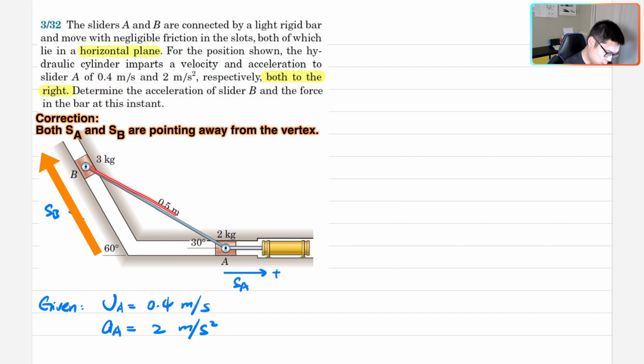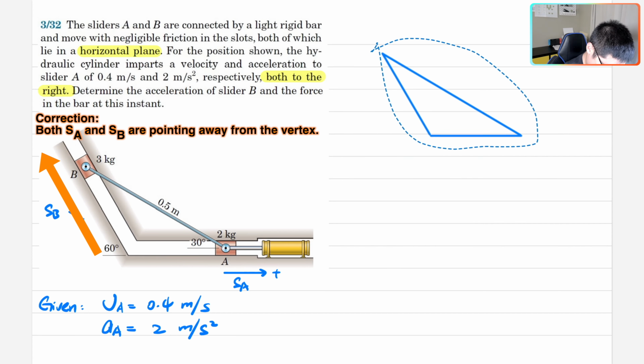We have a rigid bar, we have A, we have B. So naturally, we can form this triangle. So let me draw this triangle over it, and then I'll move it over. Here, here, and horizontally connecting to here. Now, I want to move this over to here.